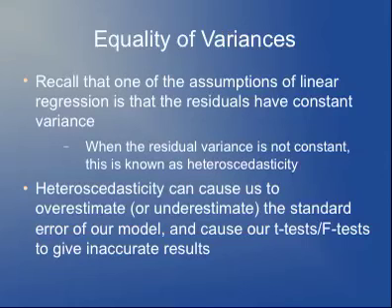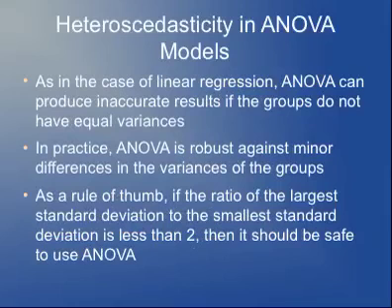And the same problem is potentially true in ANOVA: if the variances of your groups are different, then you basically have heteroskedasticity going on, which can cause your t-test and f-test, in this case usually the f-test, what you care about, to be wrong. Now, in practice, thankfully, it's not that big of a deal.